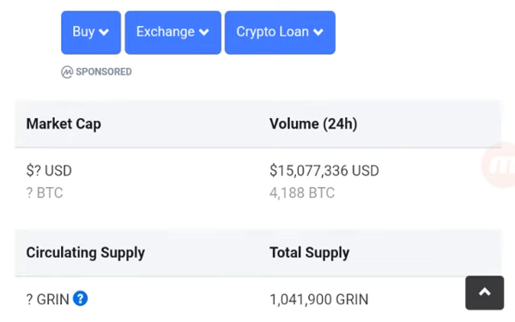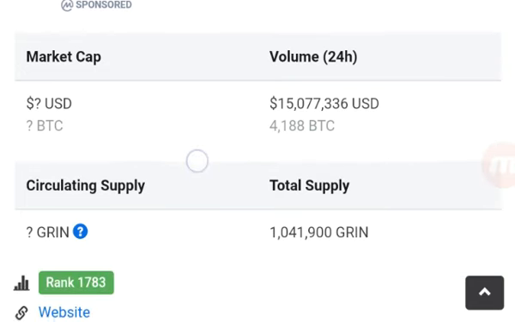Not to mention that Grin coin and Beam have, if you look here at the market cap of Grin coin, the market cap has a question mark. That is because it could either be that the amount is infinite, which means that you're going to have a great deal of inflation year after year, or that there is probably a very high amount of these tokens.